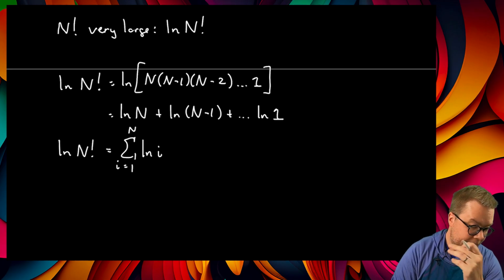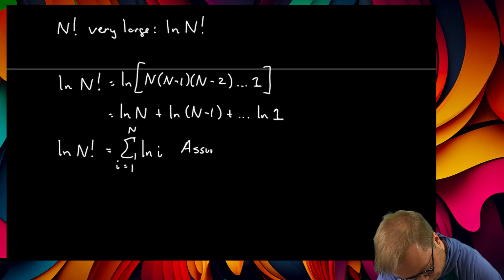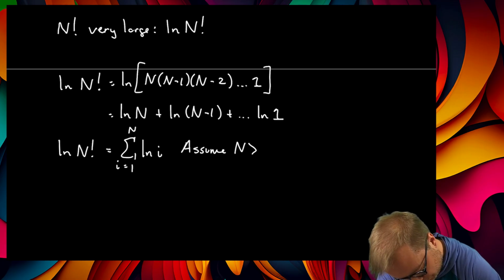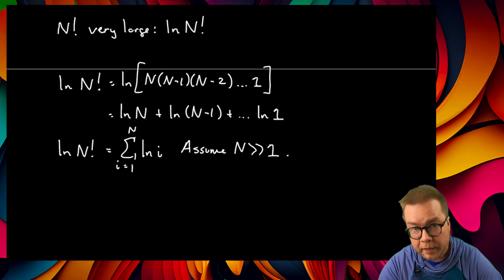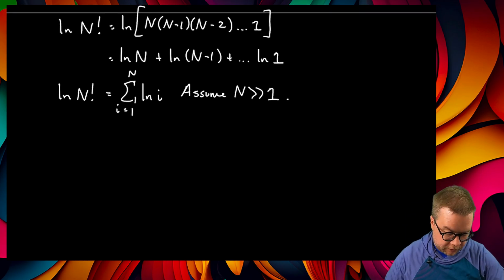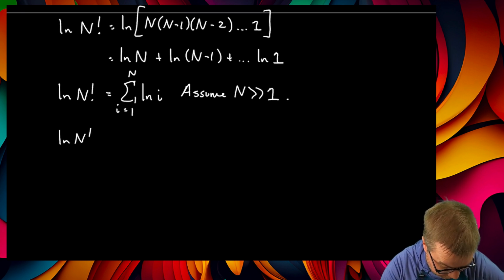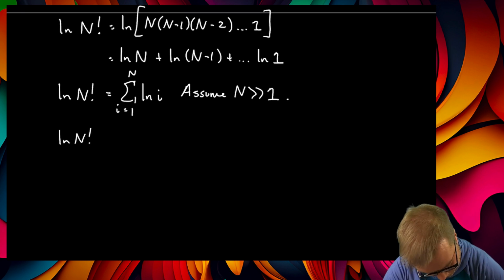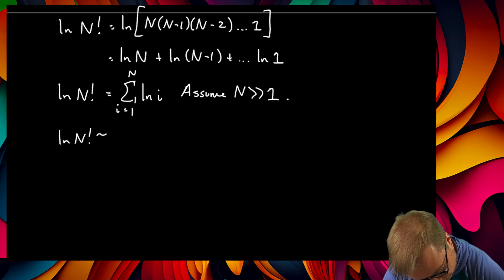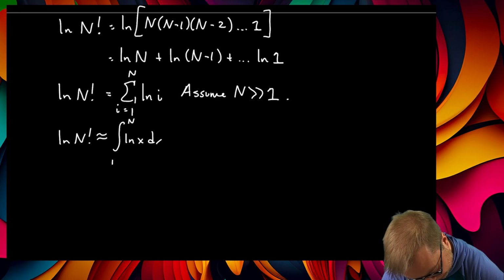If n is much, much larger than 1, we can approximate this by an integral: the logarithm of n factorial is approximately the integral from 1 to n of the logarithm of x dx.